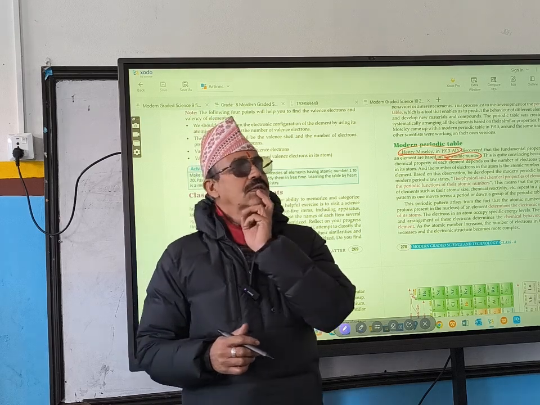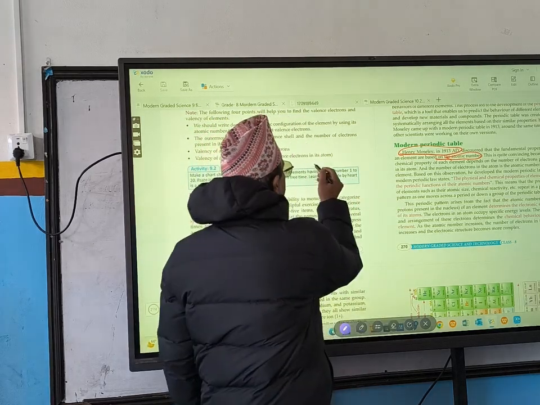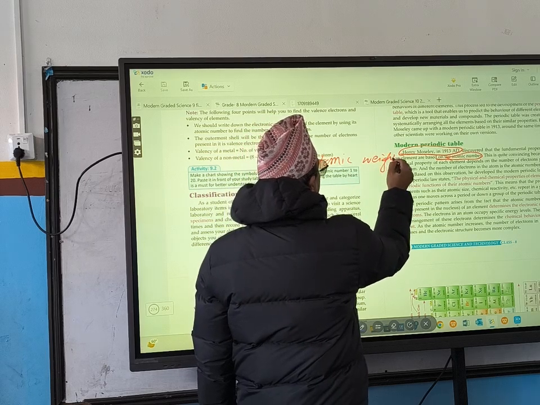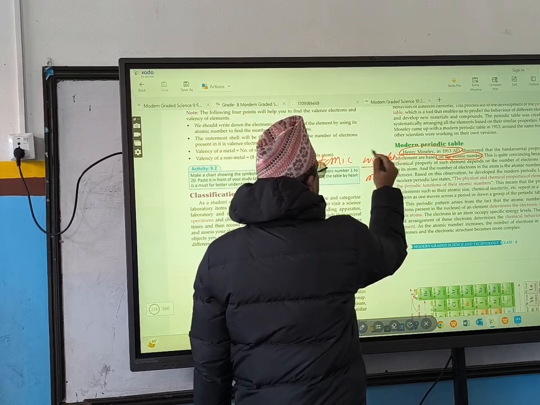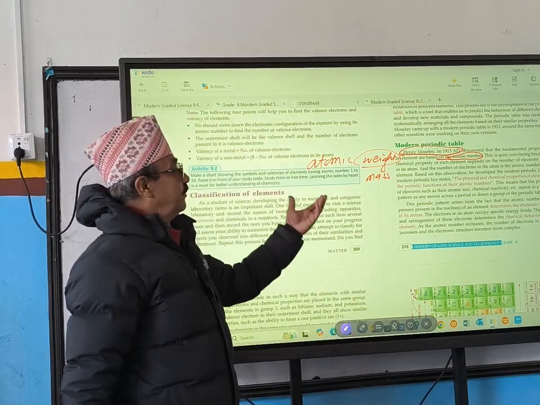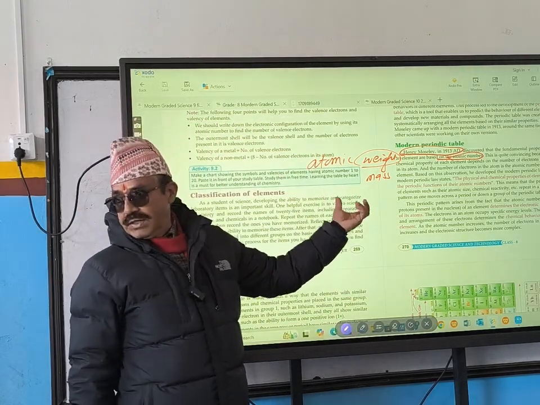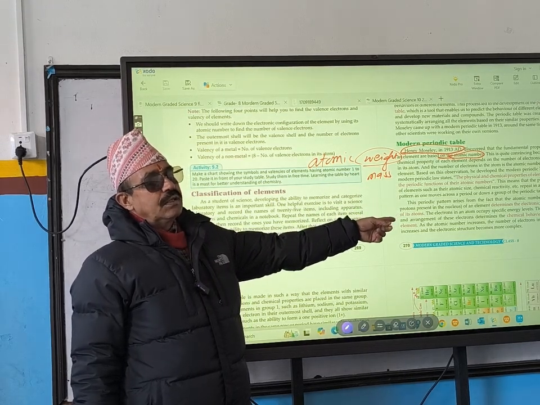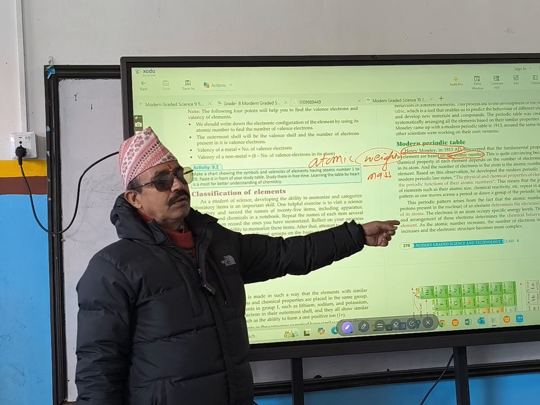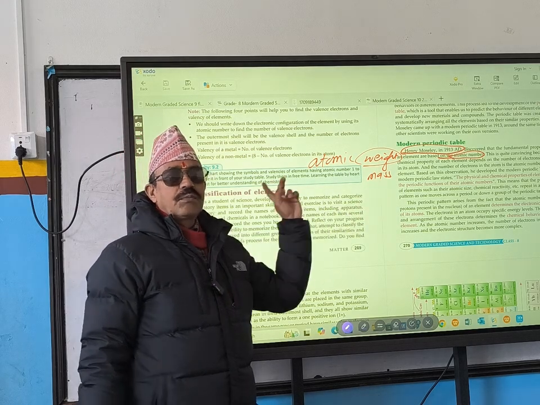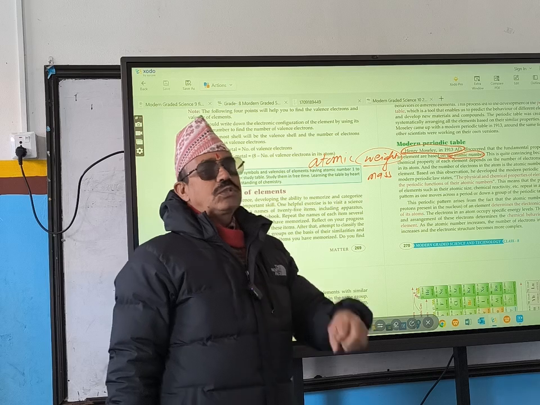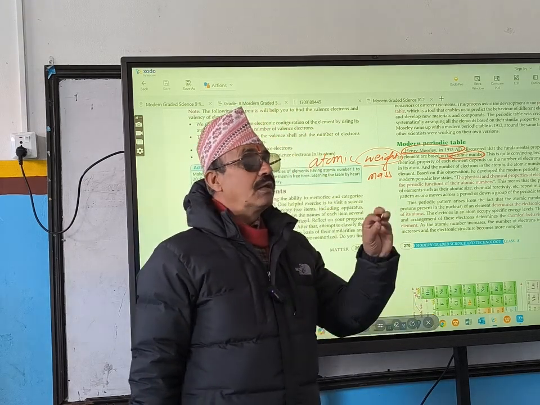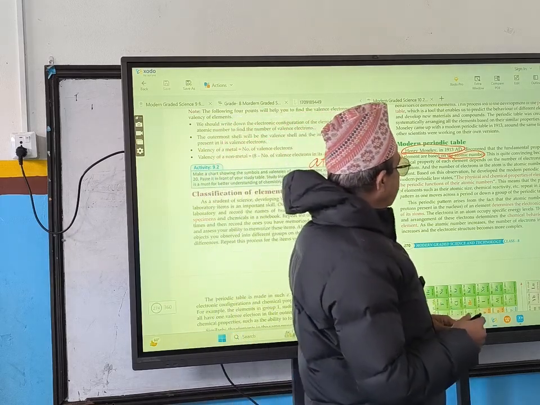He arranged the elements according to atomic weight or atomic mass, but Moseley arranged according to atomic number. Atomic number, Moseley; atomic mass, Mendeleev. Who became more successful? Henry Moseley, because there are very few errors in his periodic table.